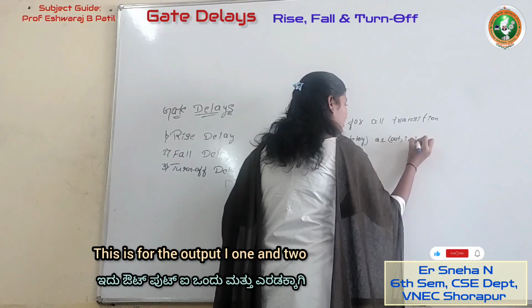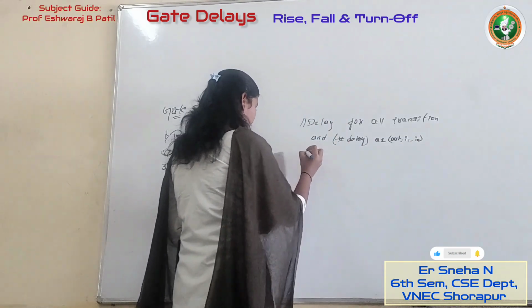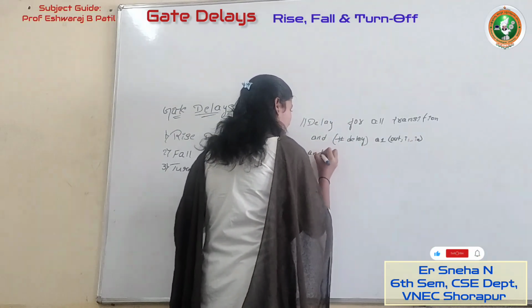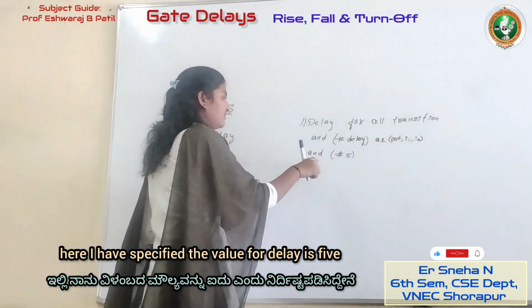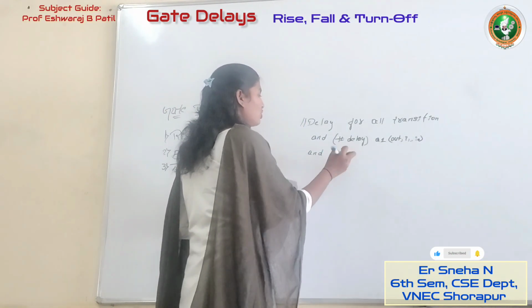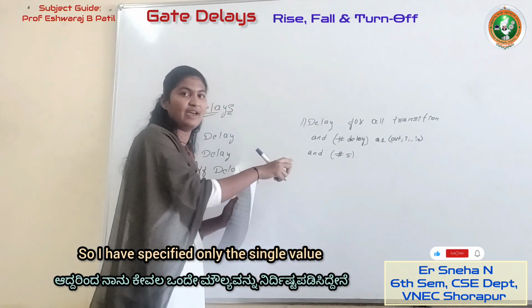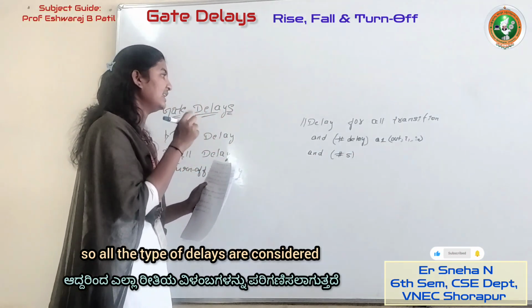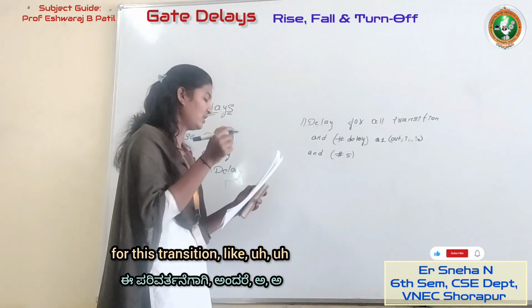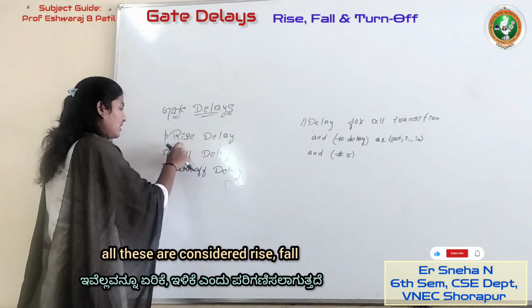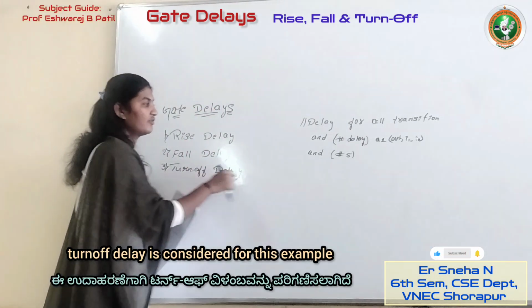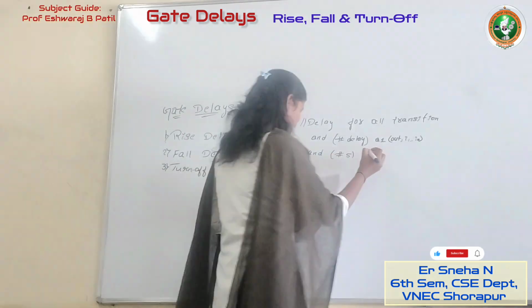For example, here I have specified the value for delay as 5. So I have specified only a single value. So all the types of delays are considered for this transition, all three: rise, fall, turn off delay are considered for this example.